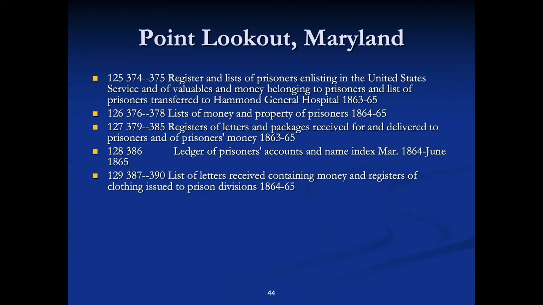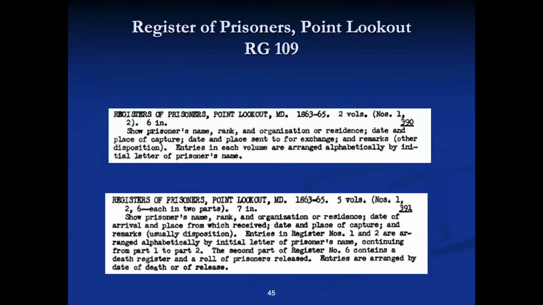Ledgers of prisoners' accounts with a name index, and register of letters received. So when we look at these, you can see that by looking at the finding aid for Record Group 109, the War Department collection of Confederate records, you can read about each one of these kinds of registers that you can find.